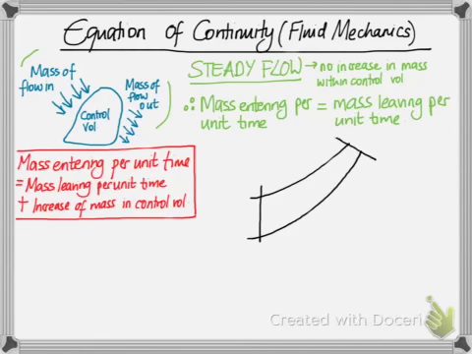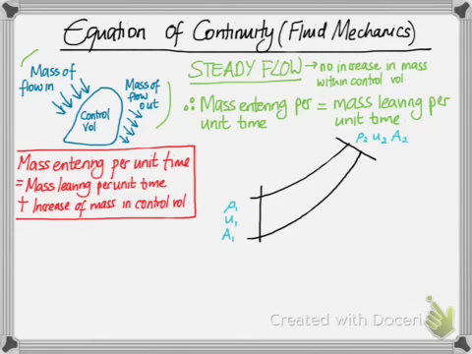Say that ends there. On this side we will have density, flow velocity, and a certain area. And at point 2 we will have a certain value of density, a certain value of flow velocity, and a certain value of area.